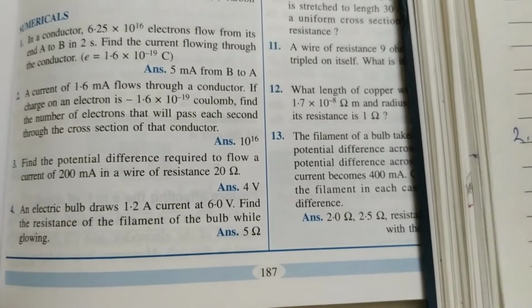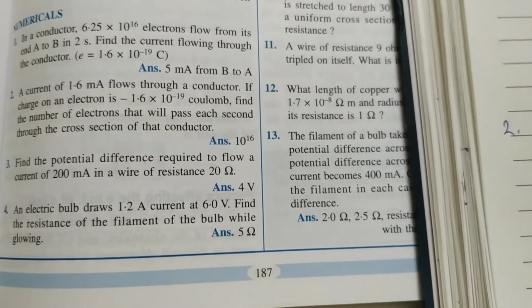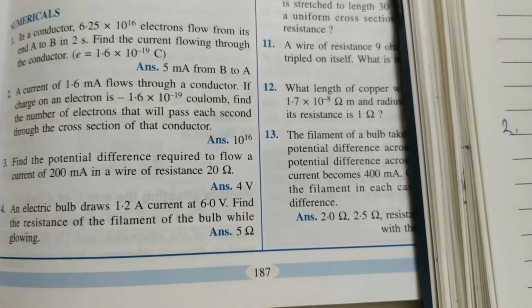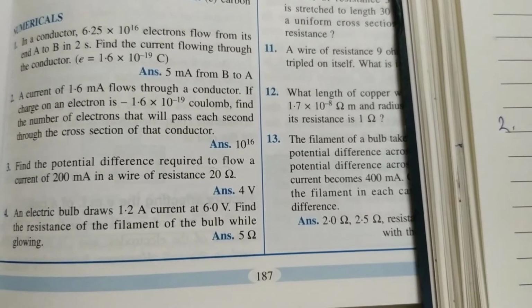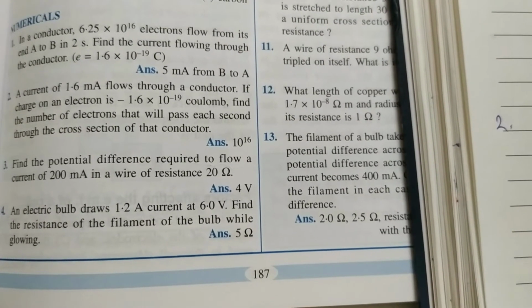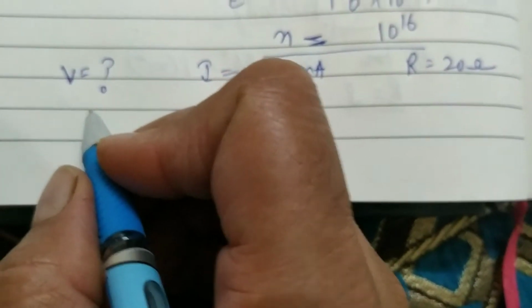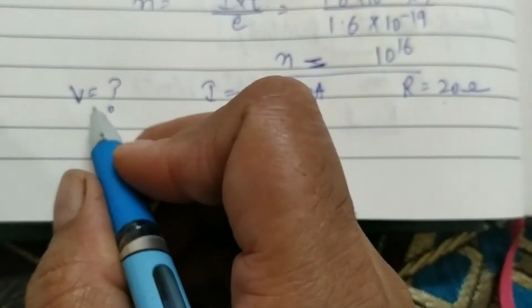Next numerical is find the potential difference. Potential difference V is unknown, required to flow a current. Current is given 200 milliampere, and the resistance of the wire is given 20 ohm. So this is a problem of Ohm's law, in which I know I and R, but V is unknown.